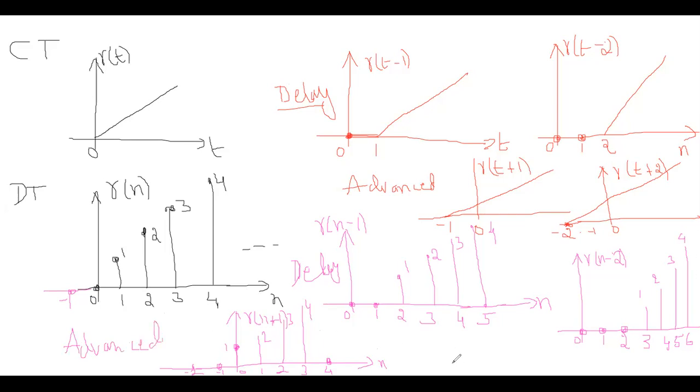The same thing, if I am taking r of n plus 2, means 2 samples shifted. 2 samples means it starts from minus 2 itself.